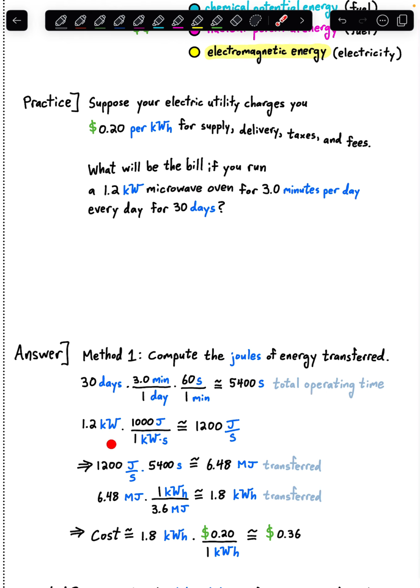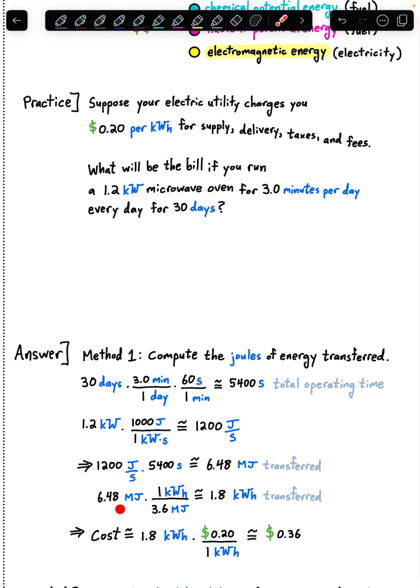When your oven operates, it outputs energy at a rate of 1.2 thousand joules per second. So 1,200 joules per second for your 1.2 kilowatt oven. So if it's 1,200 joules per second times a total running time of 5,400 seconds, that's 6.48 megajoules, 6.48 million joules of energy that have been transferred to you, that you have used as the consumer.